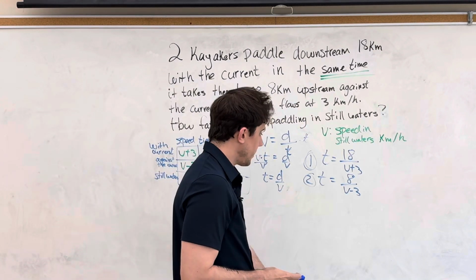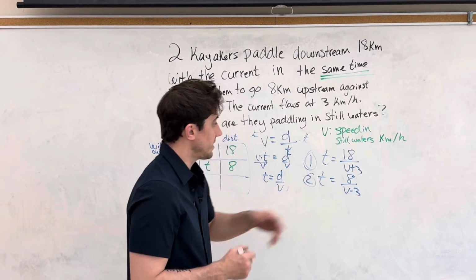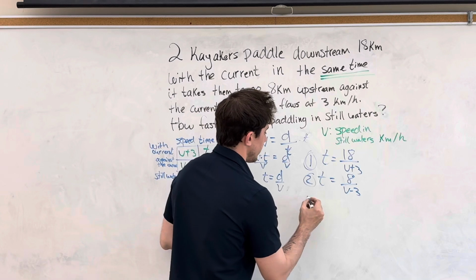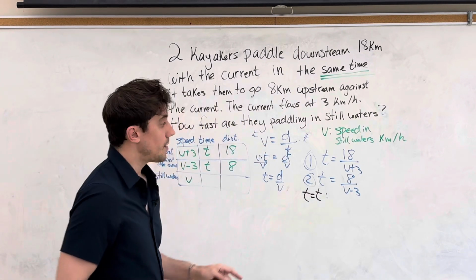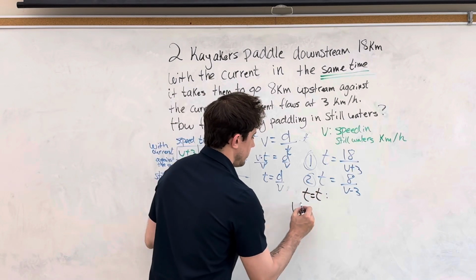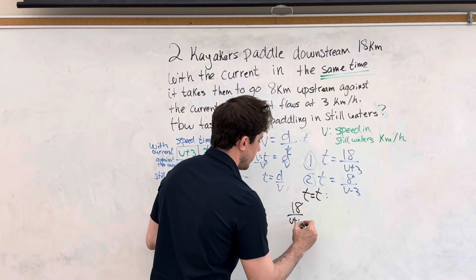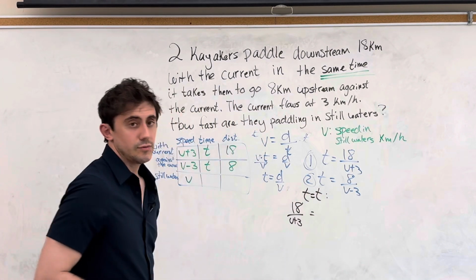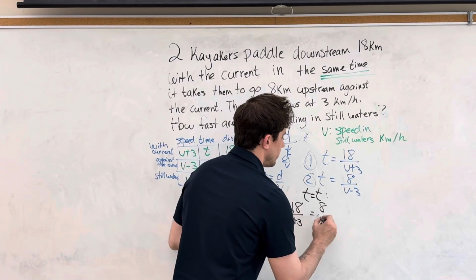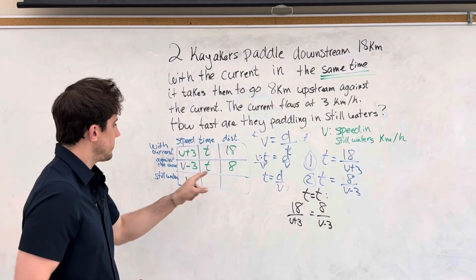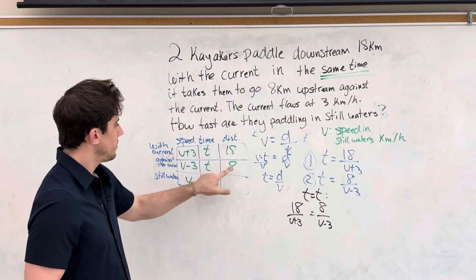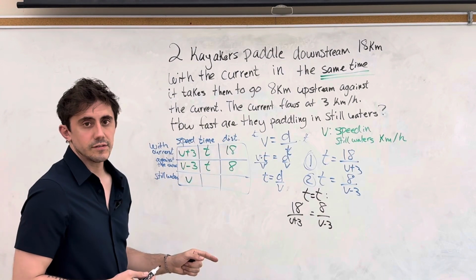Since we have t isolated in both, we can simply say that t must be equal to t. And that means that 18 over v plus 3 has to be equal to 8 over v minus 3. It has to be, because the time is set in stone and t is d over v.